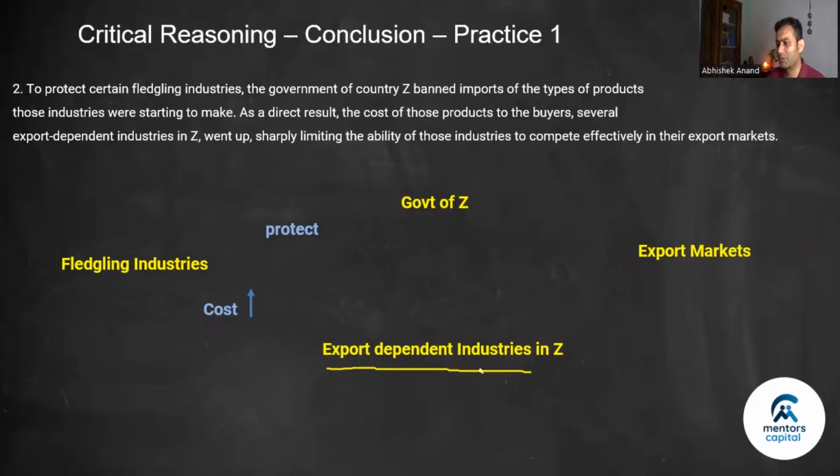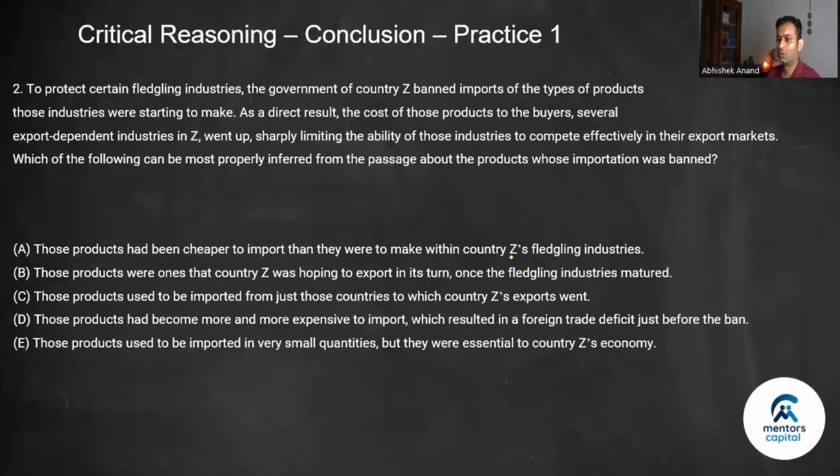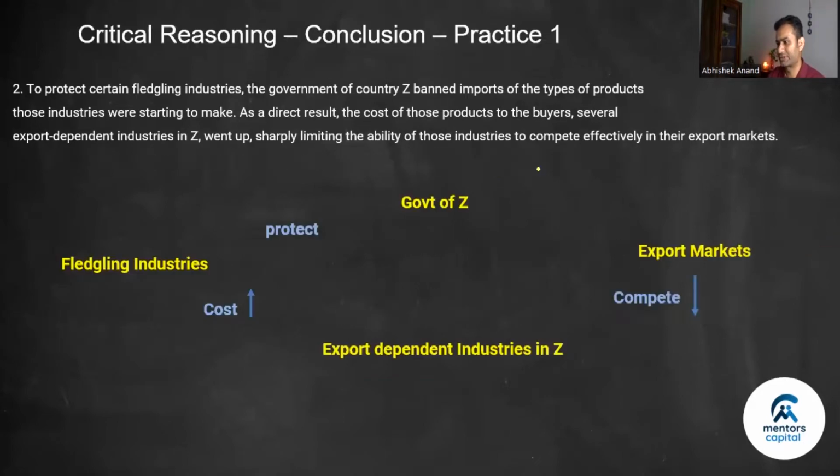And the relationship between this and export market is, now because the cost has gone up, their ability to compete in the export market has gone down. So this is what is happening in this. Okay. Now the question is, which of the following can be inferred most properly about the products? So these products, which earlier you were importing and now these industries are manufacturing.